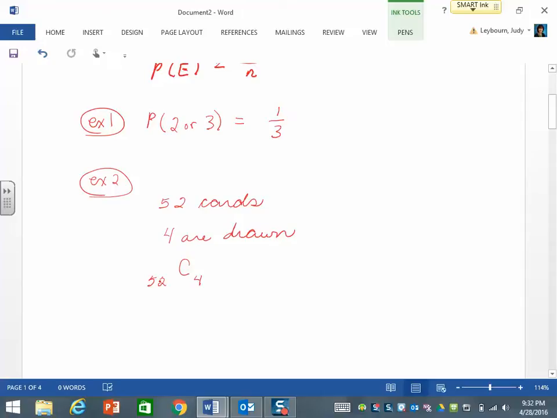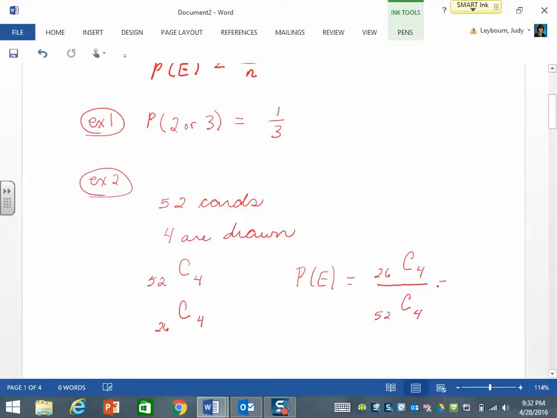The number of ways of choosing 4 red cards, since there are 26 that are red, would be 26 choose 4. Well, the probability of this event occurring would be 26 choose 4 over 52 choose 4.